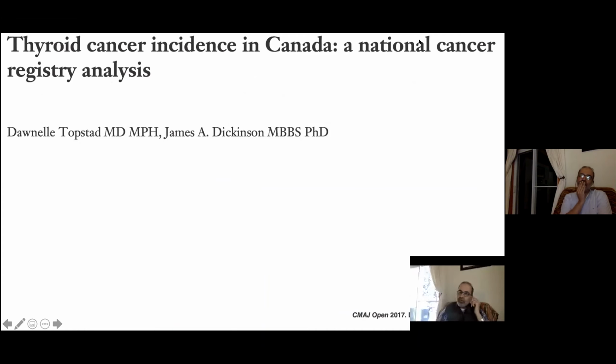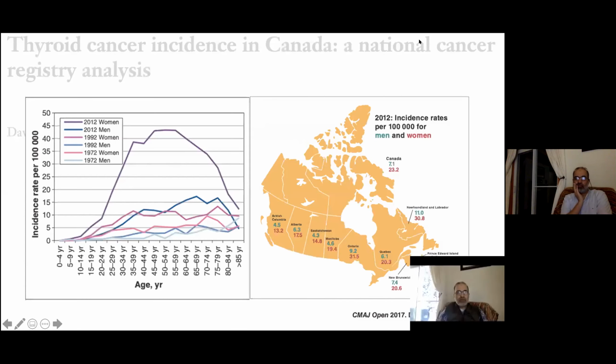The same trend is happening here in our country, in Canada. And if you were to look at the incidence of thyroid cancer in Canada, this is where we are in Nova Scotia. And over the last few decades, the trend has been gradually upwards.